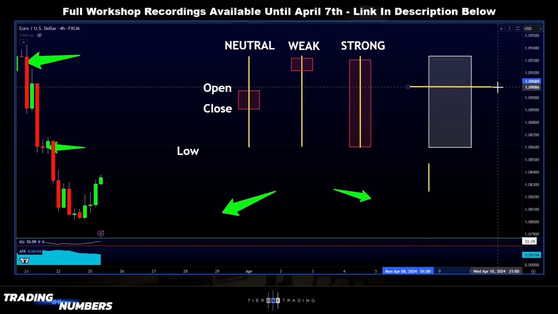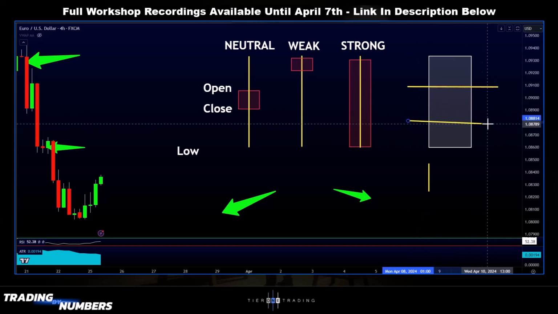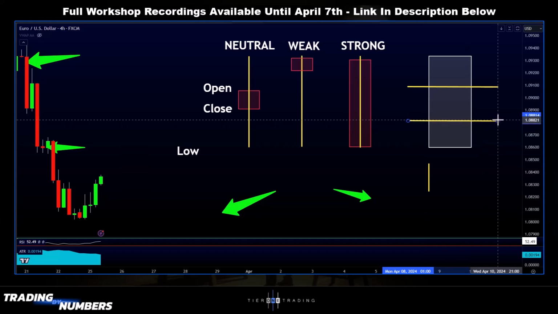In a bearish scenario, if the candle closes in the bottom third, it is going to be a strong candle. If it closes in the middle third, it is going to be a neutral candle. If it closes in the upper third, it is going to be a weak candle.